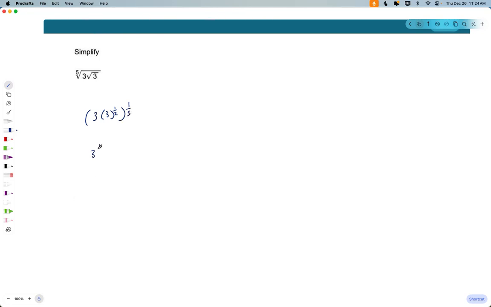So 3 to the 1/5 times 3 to the 1/10. We multiply this by 2 over 2. We get 3 to the 2/10 times 3 to the 1/10, which gives us 3 to the 3/10 power. That's our solution. Easy peasy.